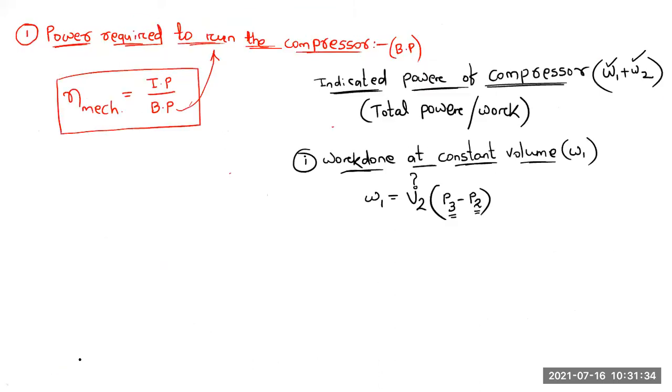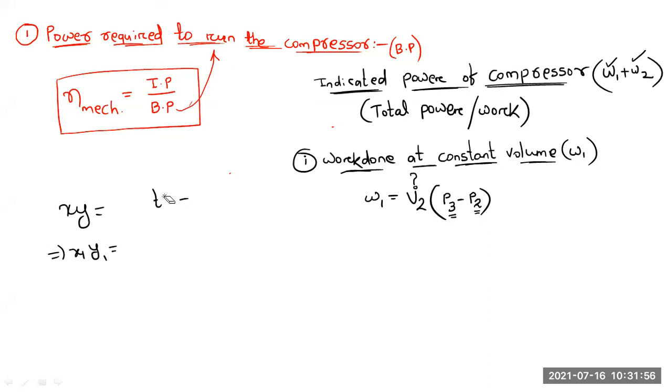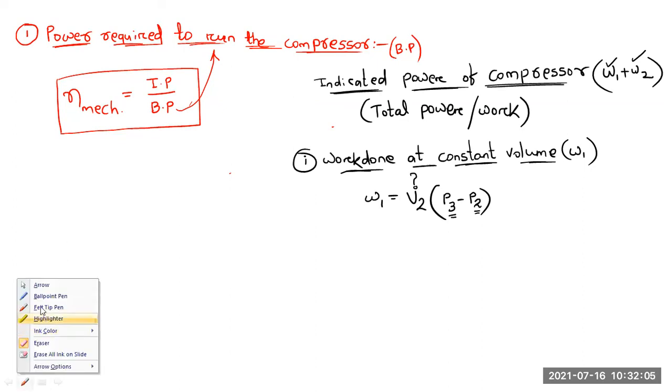This is simple mathematics: x into y equal to constant, so we can write x1 y1 is equal to x2 y2. We are going to apply the same thing for this pressure and volume.